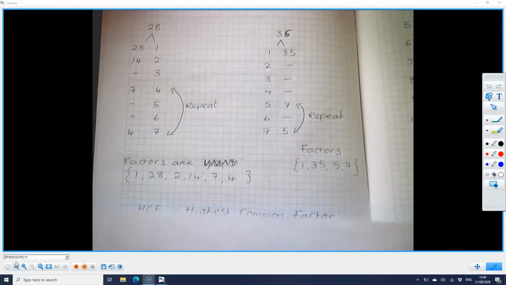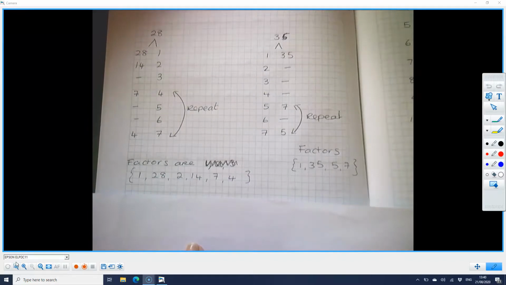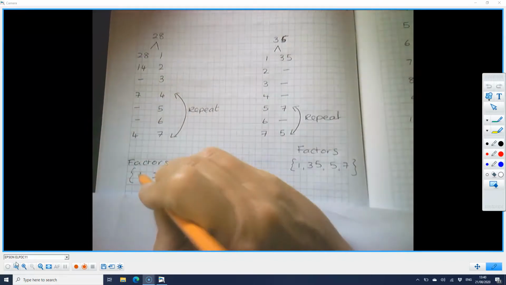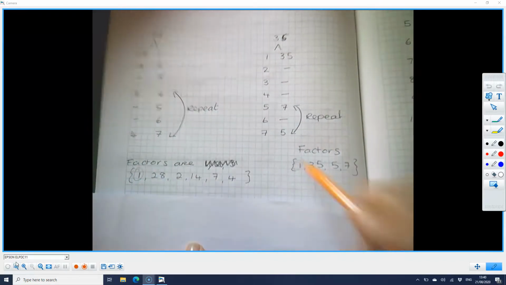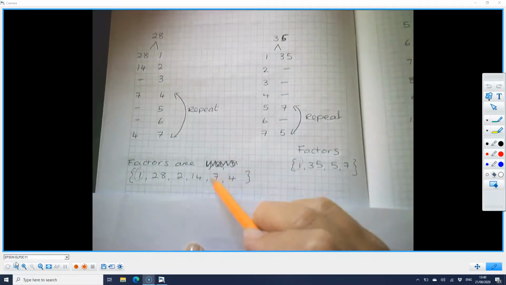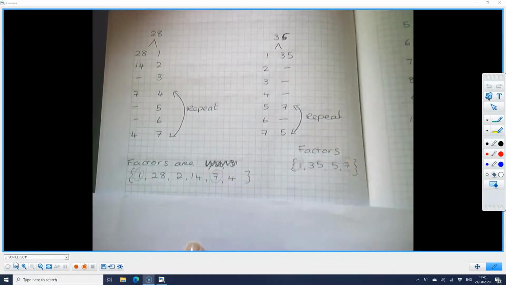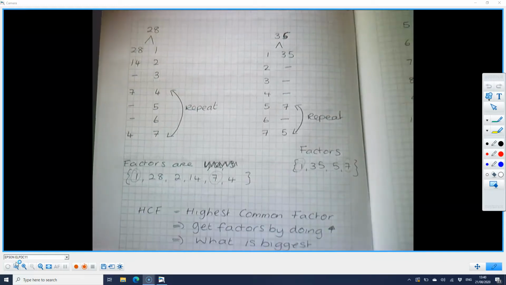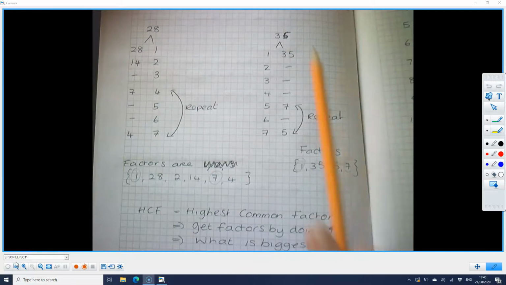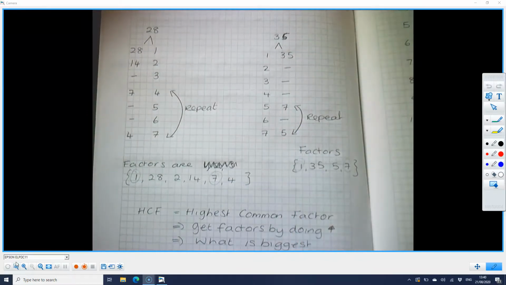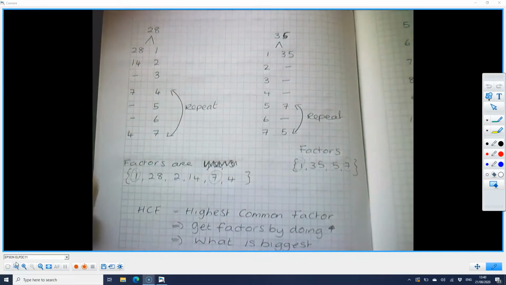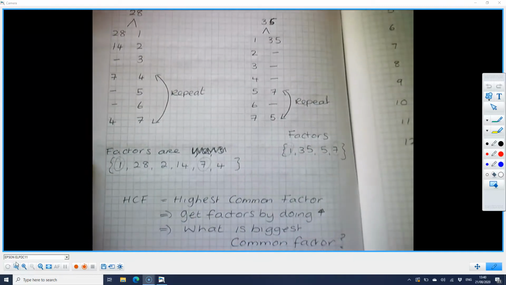Out of that, you'd ask what the common factors are. The common factors would be 1, because both of them have a 1, and 7, because both have a 7. The highest common factor would be 7, because 7 is bigger than 1. So for your highest common factor, get the factors by doing what we said, and then look and say, what's the biggest common factor?